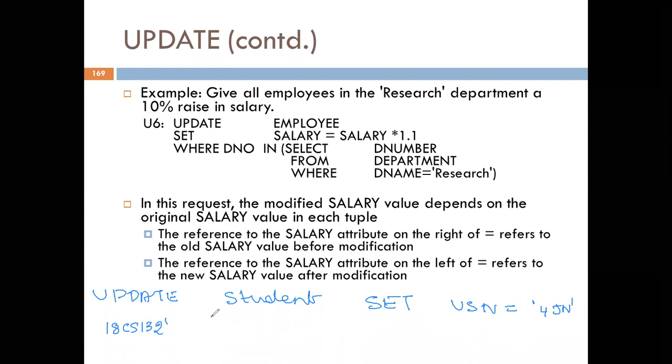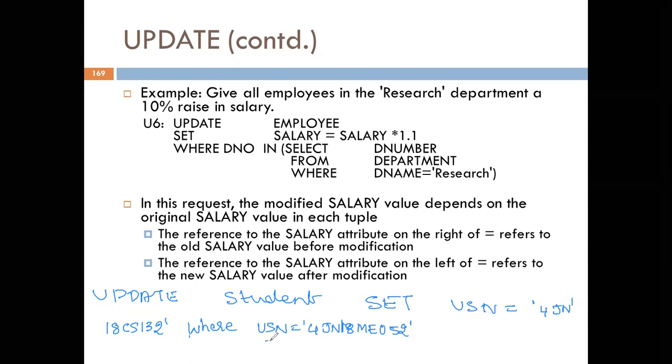Set USN is equal to this, where in the where condition we must write the old USN. For example, if this change is being taken from say mechanical, then this will be our command: update student set USN is equal to this value, where USN is the old USN.